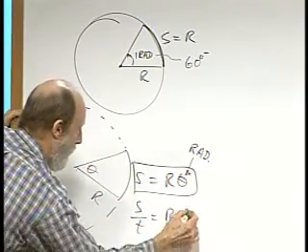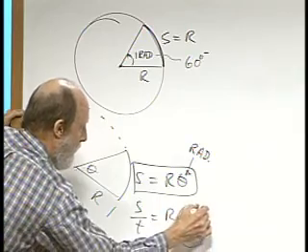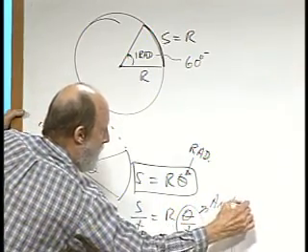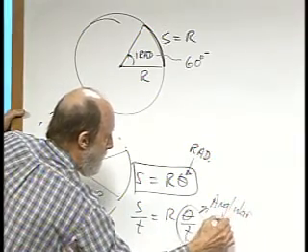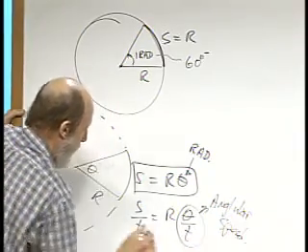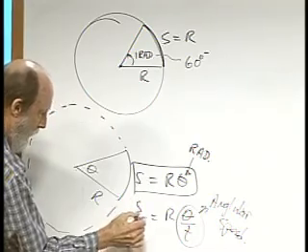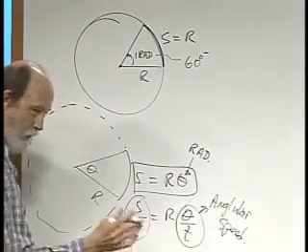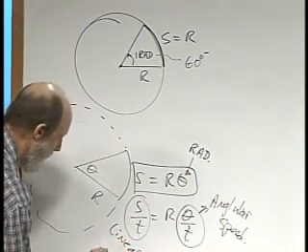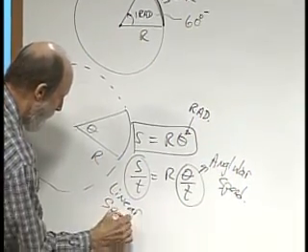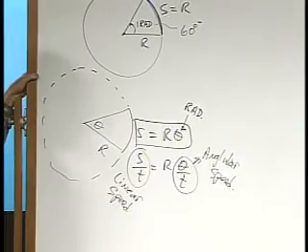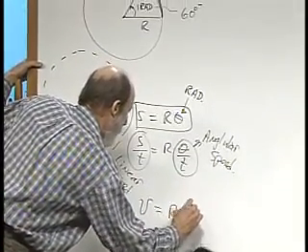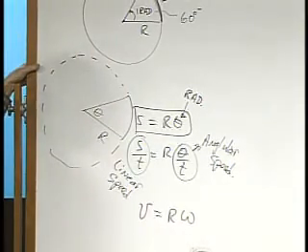Then you see that there's an angular speed here, and this over here is distance over time, which is linear speed. Oftentimes we'll write this as V equals R omega.